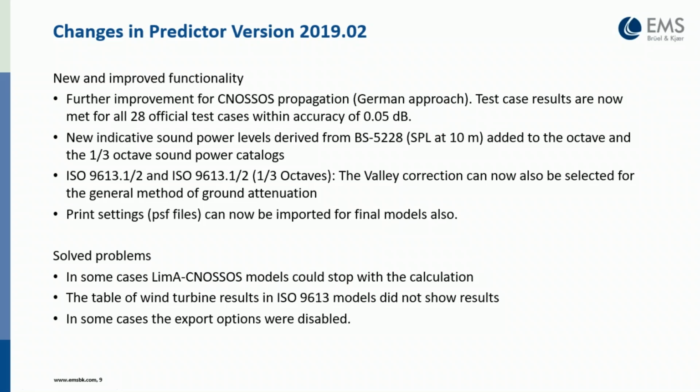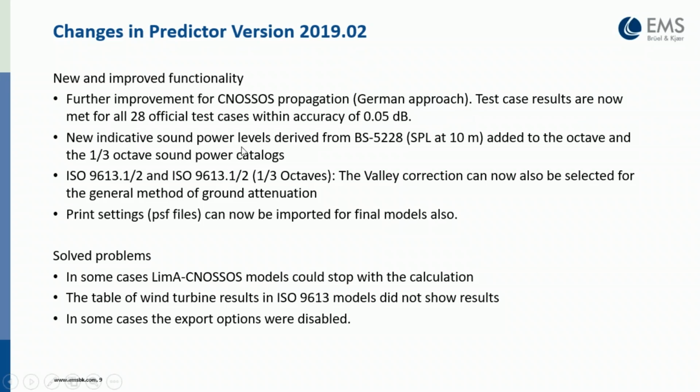Only in Germany has there been development on test cases, and the LimA calculation method in version 2019.02 fulfills all 28 official German test cases. And it is not unlikely that these German test cases will become the official European test cases, but that still is not decided. So we have to wait.